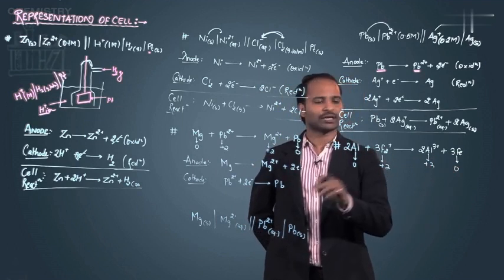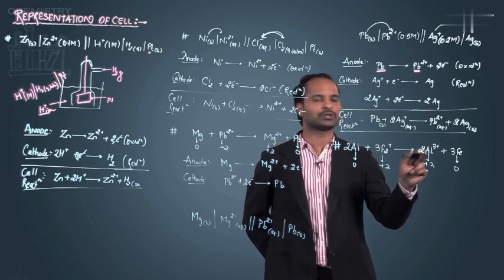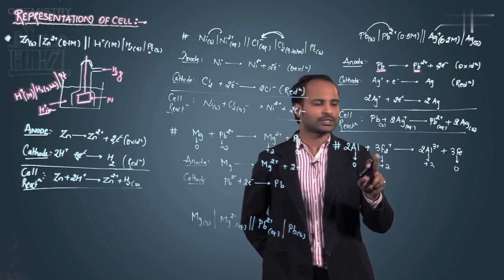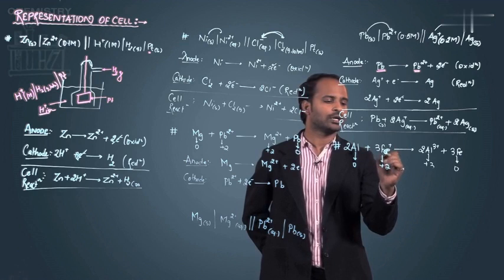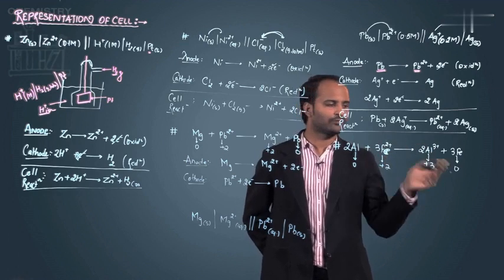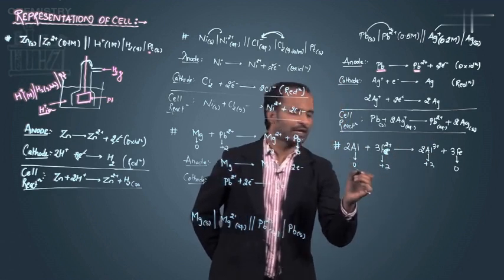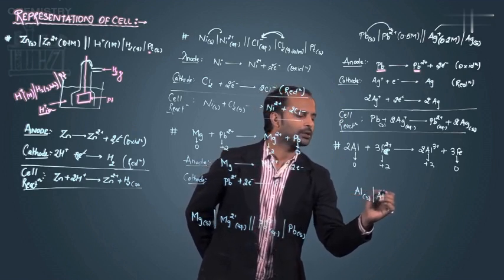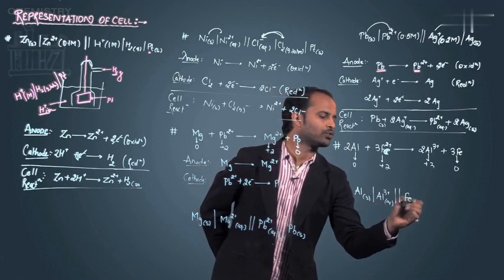If you want, you can split the reaction: 2 aluminium gives 2 Al3 plus and 6 electron will be there because each aluminium is giving 3 electron and we have 2 aluminium. Similarly 3 Fe2 plus, how many electron? Each Fe2 plus will take 2 electron, 3 Fe2 plus will take 6 electron and will give you 3 Fe. So aluminium is undergoing oxidation, so it will act as an anode. Aluminium, Al3 plus aqueous, and then Fe2 plus and Fe.